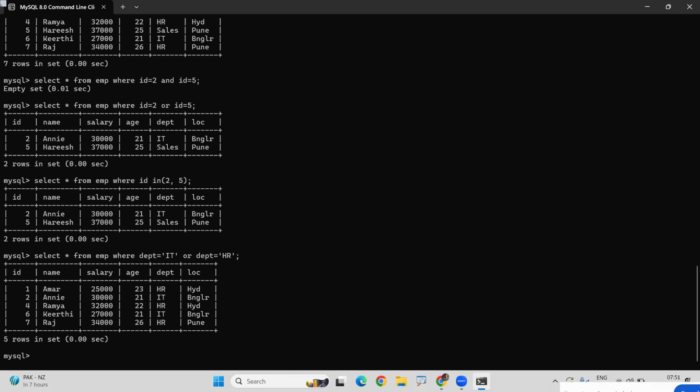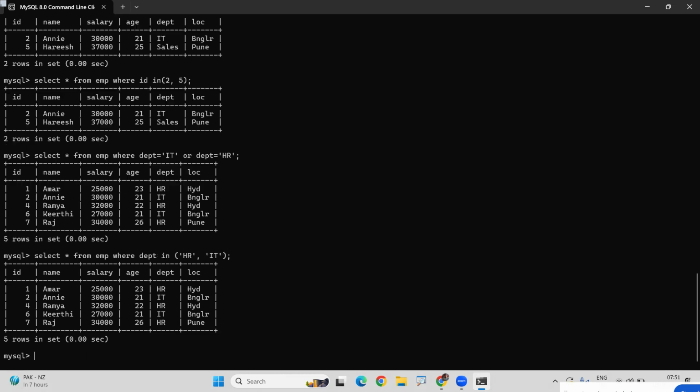Now, instead of writing OR, just write department in HR, comma IT. HR, comma IT is the same. So you can replace the OR operator with the IN operator also.